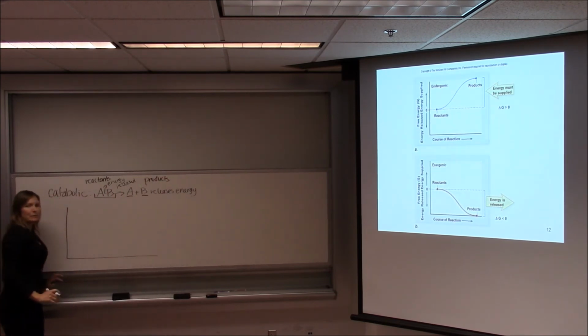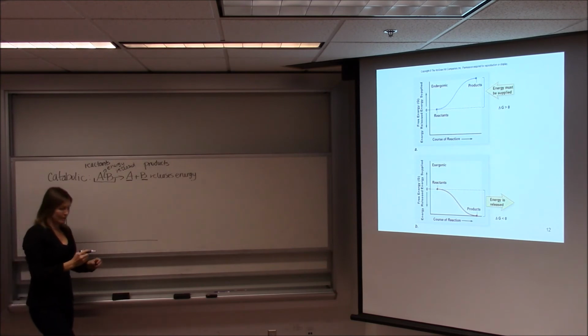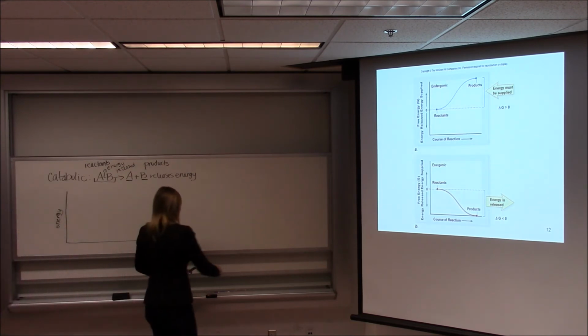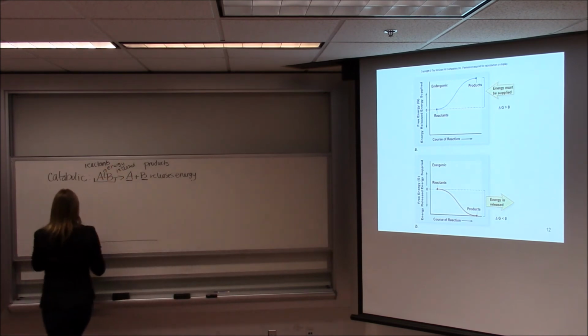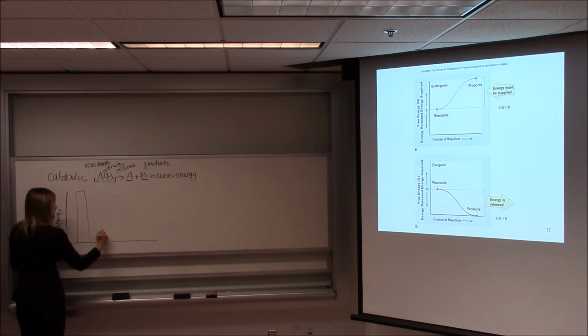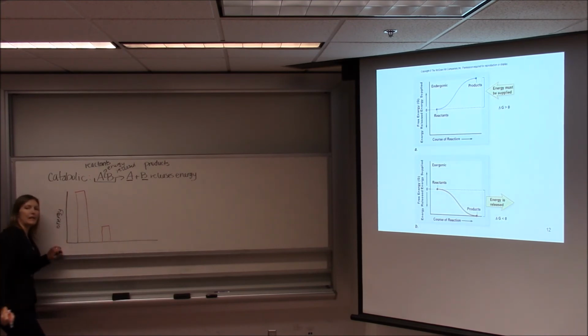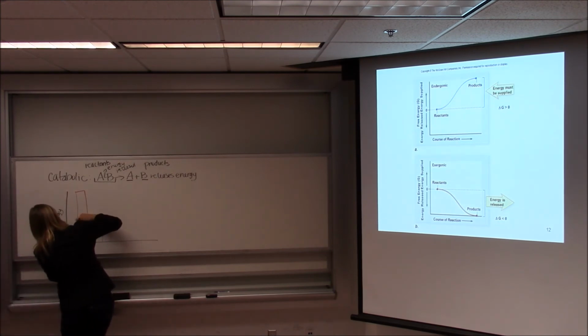What do you think has more energy in this situation, the reactants or the products? The reactants are going to have more energy. This is where that energy is stored. So AB, when it's together, has a lot more energy than the separate A plus B. So in this type of reaction, the reactants have considerably more energy than the products.